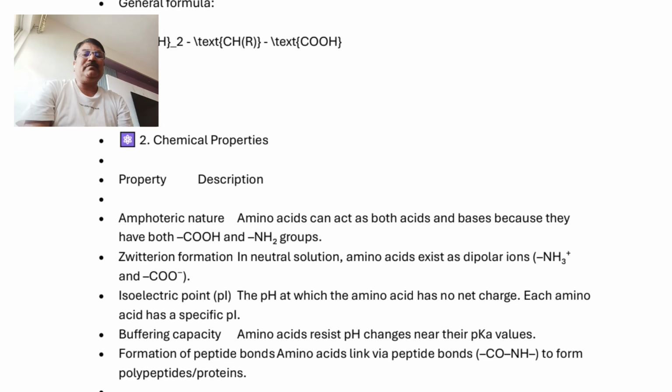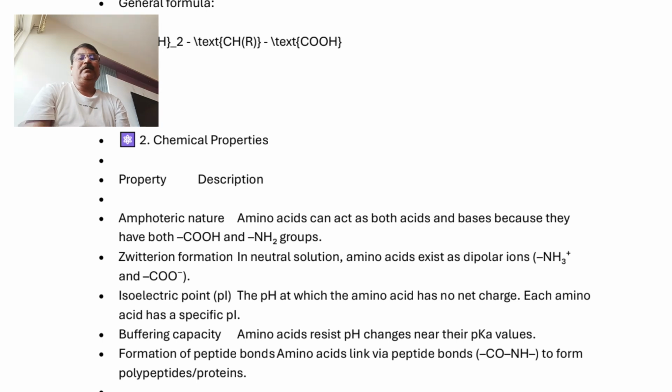It means the same molecule contains a positively charged cation as well as a negatively charged carboxylate anion. Hence, it exists in the form of zwitterion, and that's why it is neutral in the solution, neither acting as a base nor as an acid. So this is the second important chemical property, that is zwitterion formation.